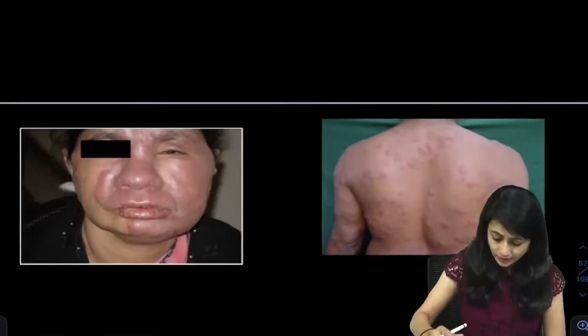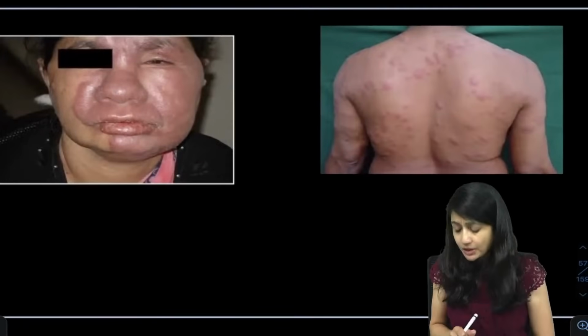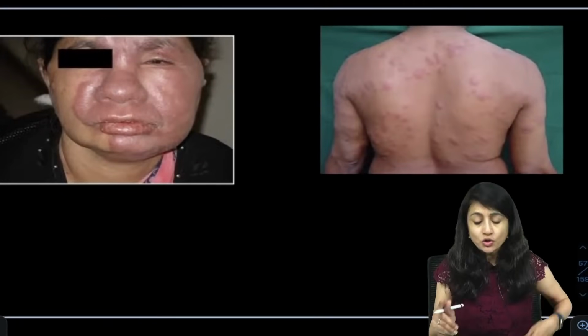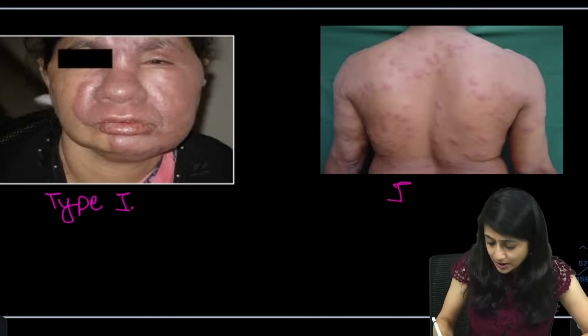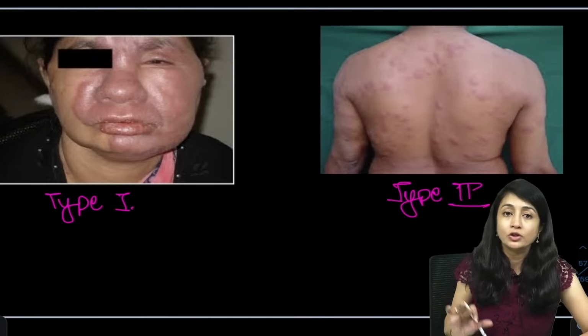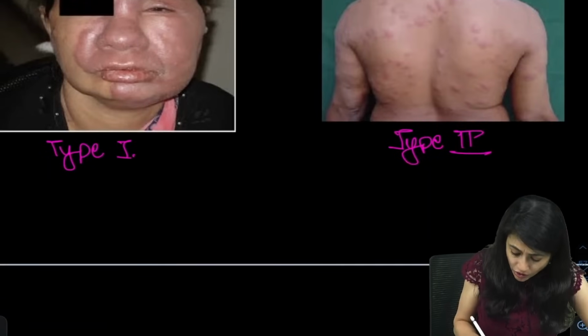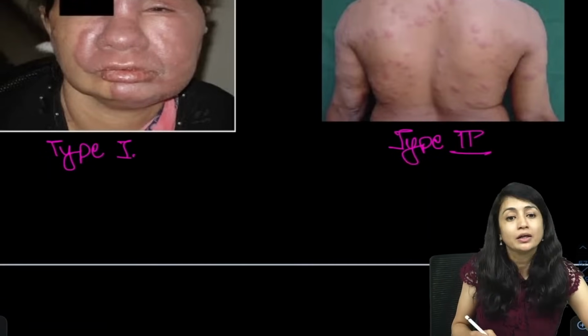Now, moving on, in leprosy, somebody was asking me about reactions. We have two reactions and you should be able to differentiate between the two. Here this is type 1 lepra reaction and this is type 2 lepra reaction. Quickly, I will tell you the important pointers. Type 1 reaction is also called upgrading reaction.